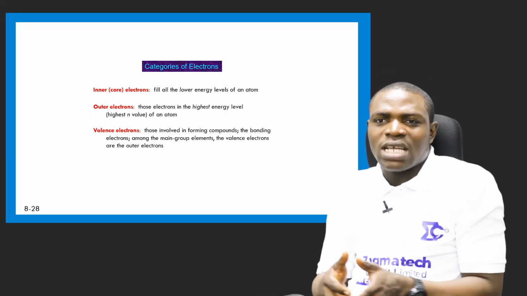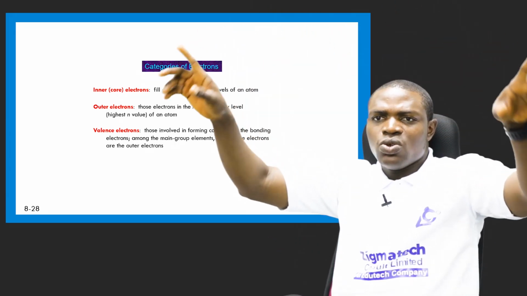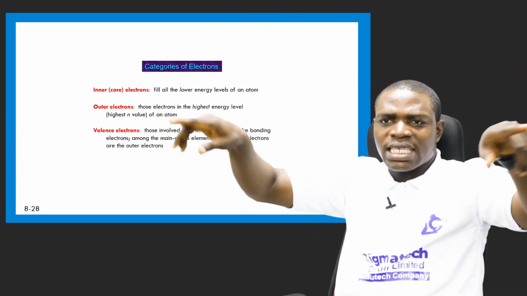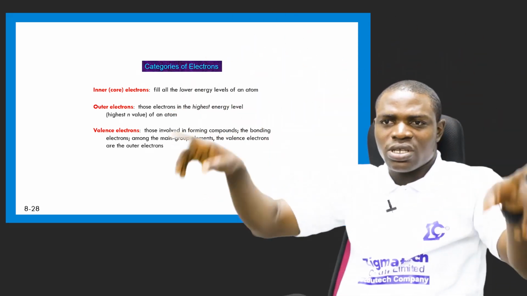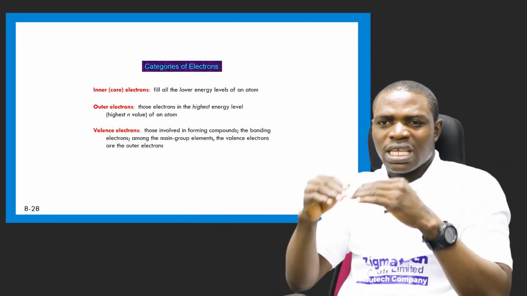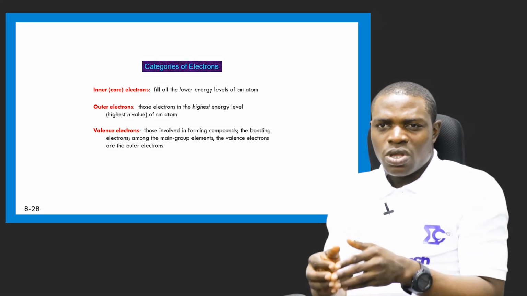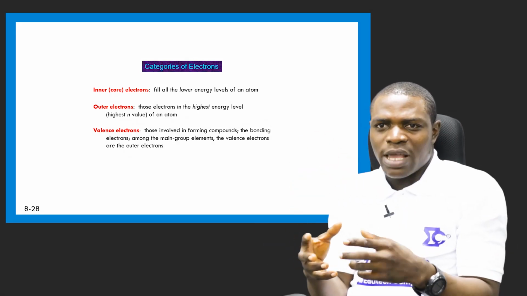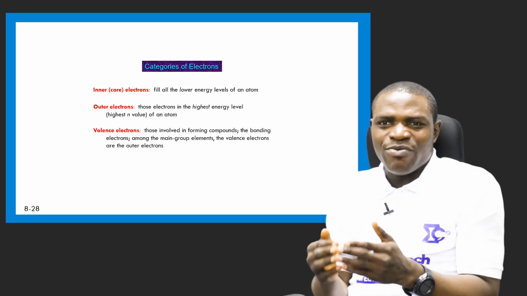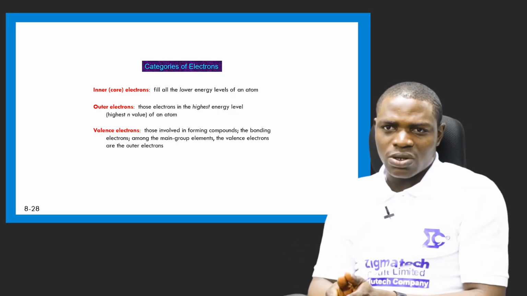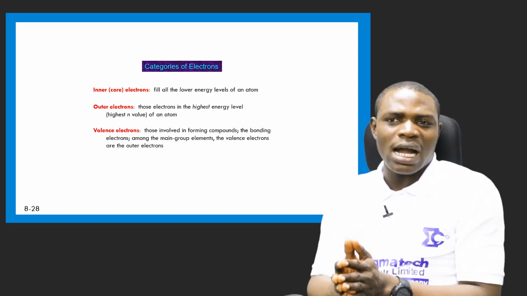Number 2 is the outer electron. Those electrons in the highest energy level, they have the highest n value on the atom. We call them outer electrons. They are not actually involved in chemical combination. They are not involved in chemical bonding.